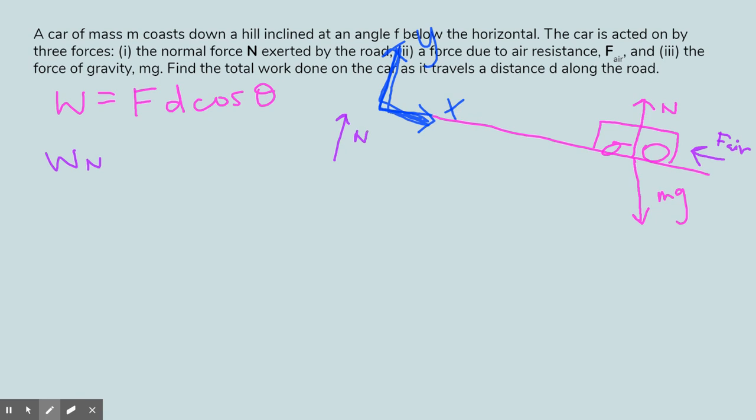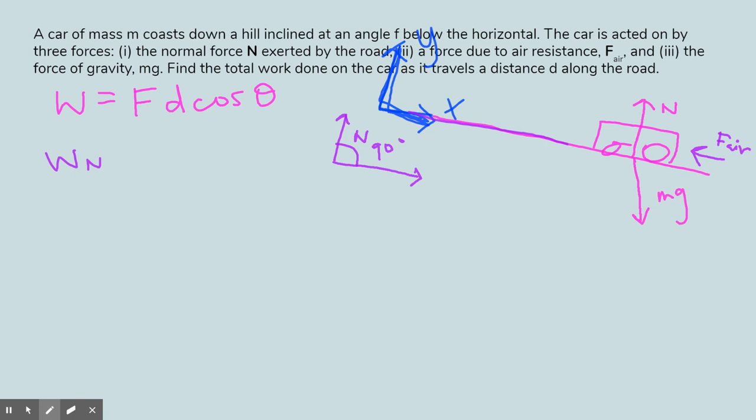And it is at a 90-degree angle to this surface. Okay, so here is 90 degrees. If you recall from the concepts video, when we have our force and our distance perpendicular to each other, the work is simply equal to 0.